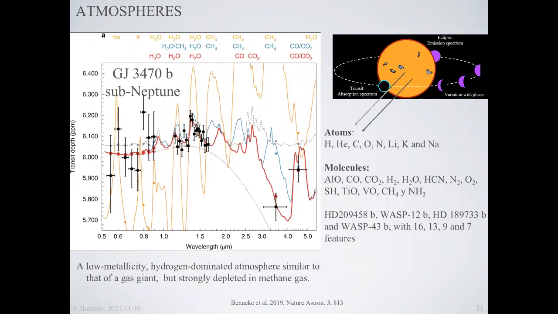We can also obtain the atmospheric profiles, but this is always with comparison with models. So again, the improvement of the errors of our data is key to be able to do a proper interpretation of the information we are getting.